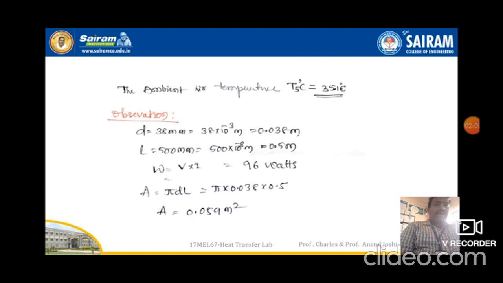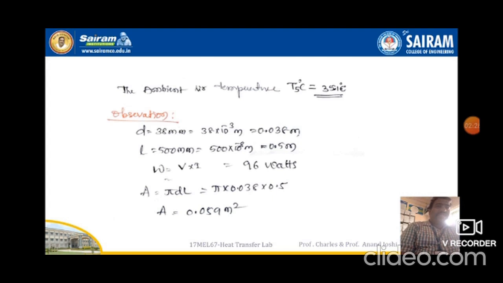The observations are: the diameter is given as 38 mm, which in meters is 0.038 meter, and the length is 500 mm, which is 0.5 meter. The power input is 96 watts, from the multiplication of voltage and current.